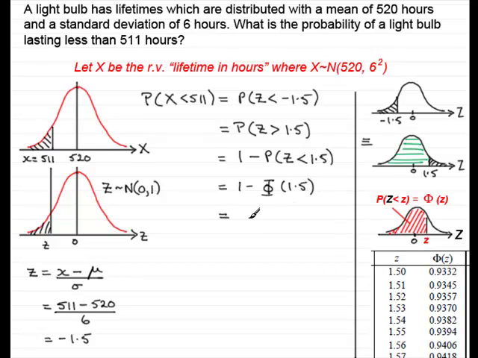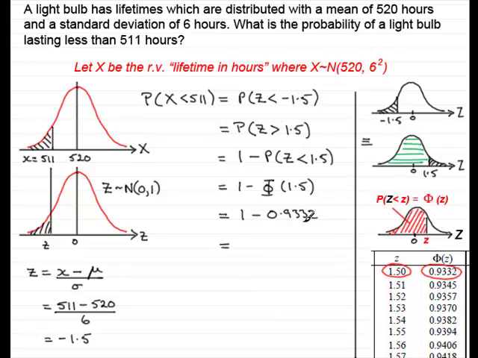Now all we need to do is look this value up in the tables. We look for a z value of 1.5, which is here, 1.50. Look under phi of z and you'll see that you have 0.9332. So if we write that in there, 1 minus 0.9332.